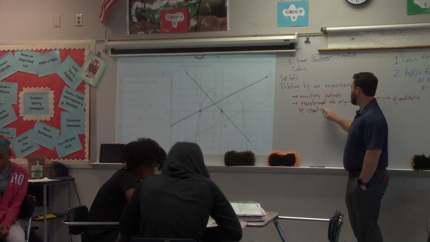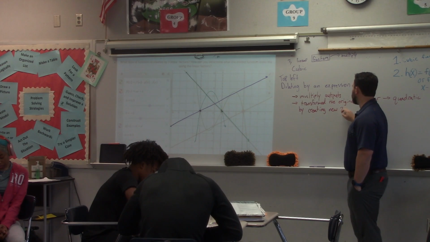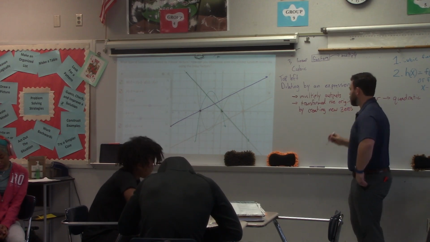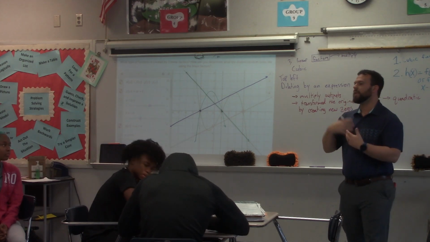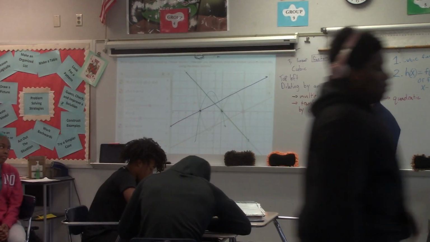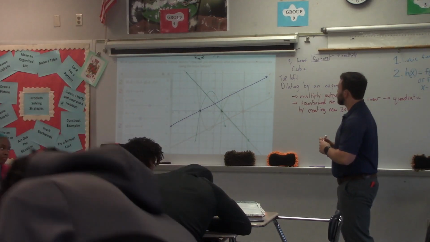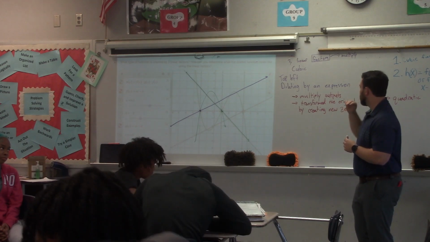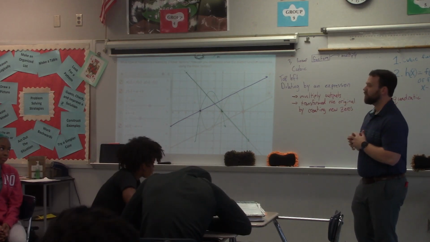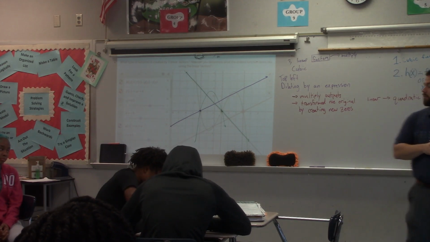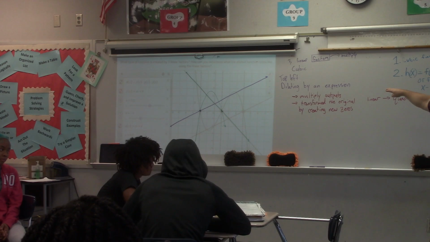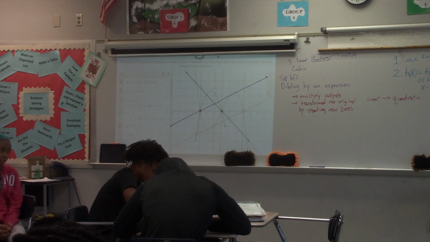So by creating new zeros, that is critical to understand that we are creating new zeros when we dilate by a function. Because, well, I'll show that in a second. We're creating new zeros. Top left, dilating by an expression.